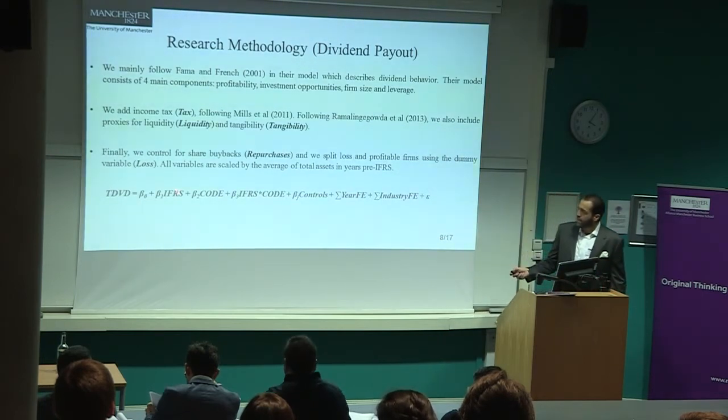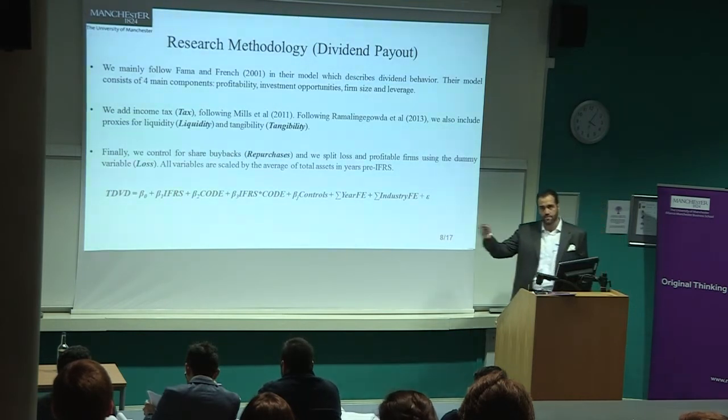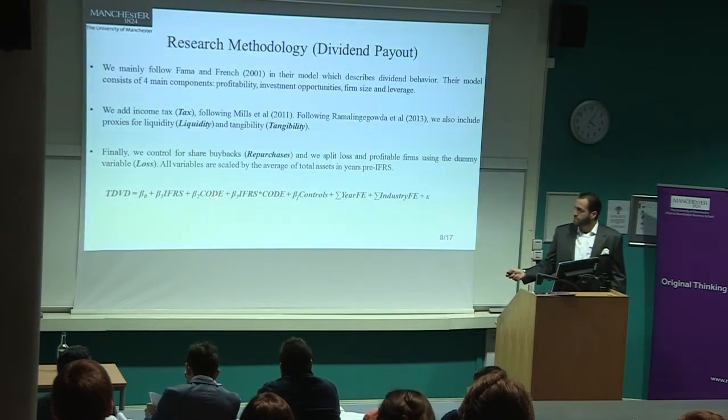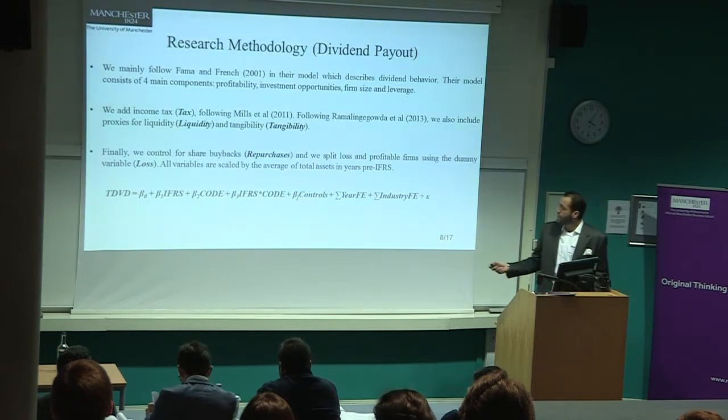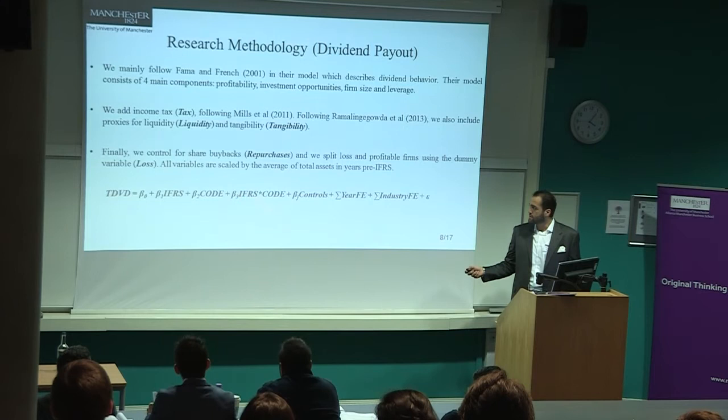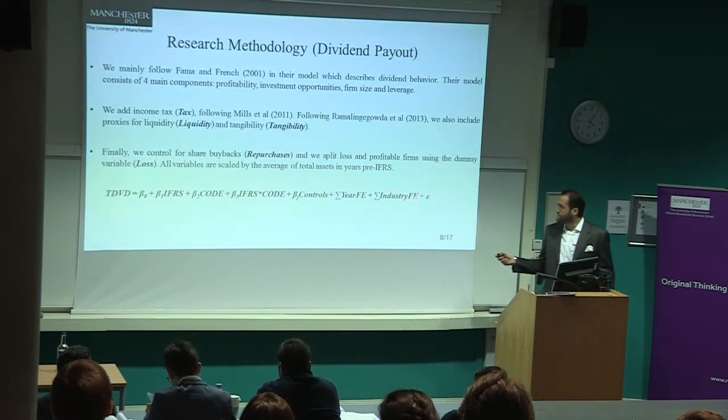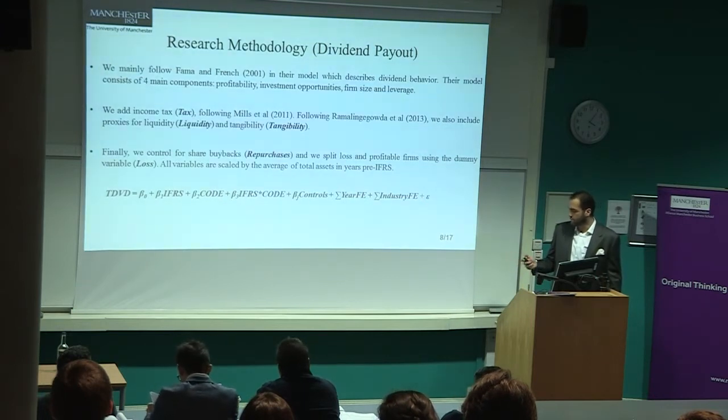And then we have an IFRS dummy variable, which takes the value of 1 if the year is 2005 or beyond. A code law dummy variable, which takes the value of 1 if it's a French firm, 0 otherwise, meaning a UK firm. And then the difference in differences estimator. We have a vector of control variables and, following conventional econometric practice, year fixed effects and industry fixed effects.